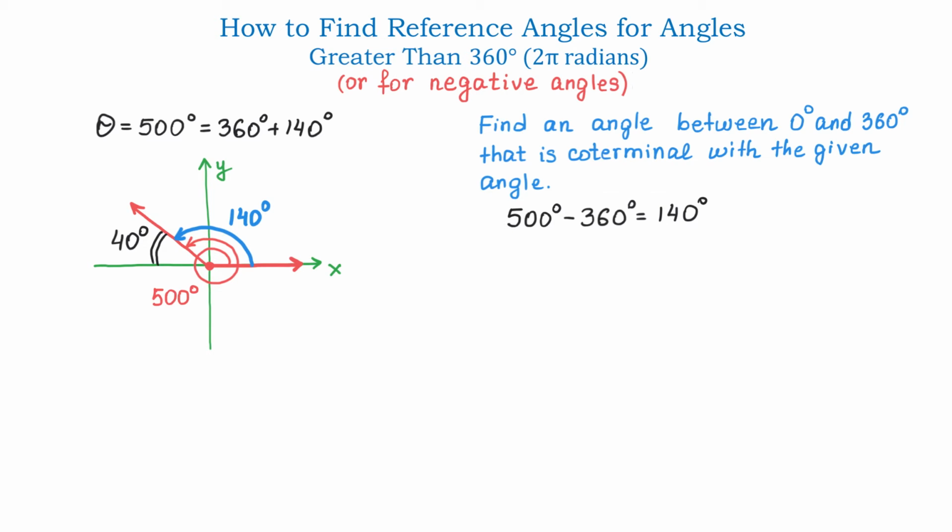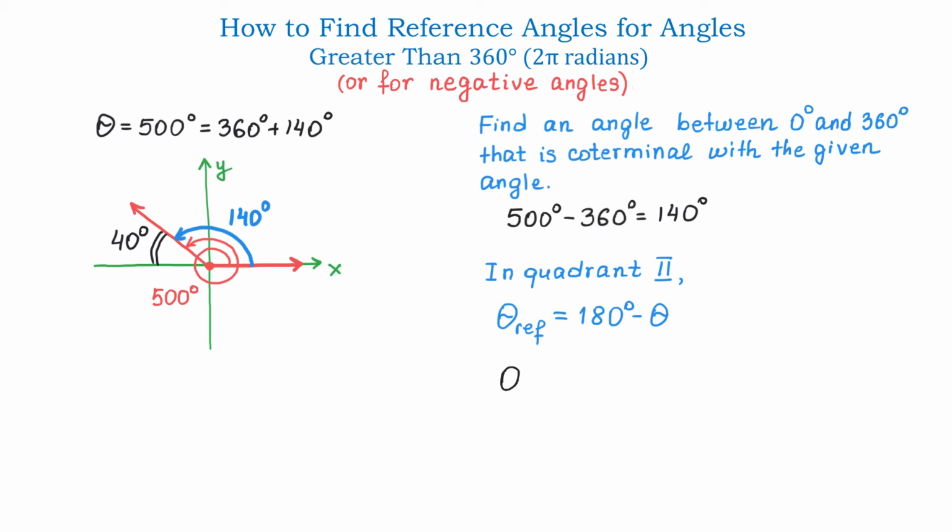And now to find the reference angle for the angle of 500 degrees, we will use the angle of 140 degrees instead, because it has the same initial side and the same terminal side, and it is an angle between 0 and 360 degrees. And now in quadrant 2, we know that the reference angle is 180 degrees minus angle theta.